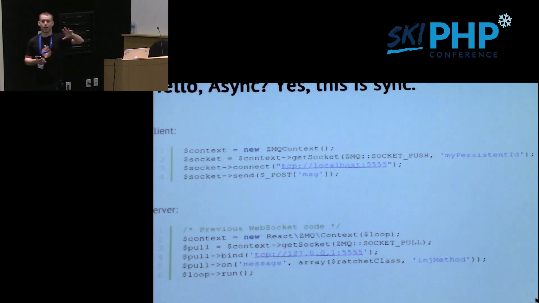But we create a Ratchet app and pass it an event loop, and then we create a new 0MQ socket and bind it to the same event loop, and then we say, when we receive a message from 0MQ, forward it to the Ratchet application. And then that Ratchet application could handle that message and then would probably send it out to other users on the web, on their web browsers.